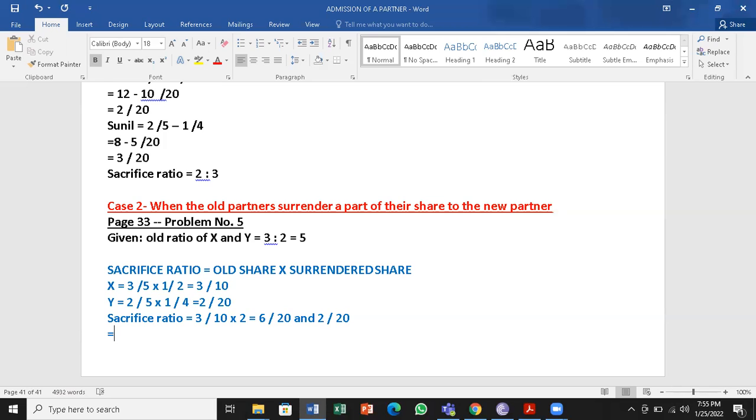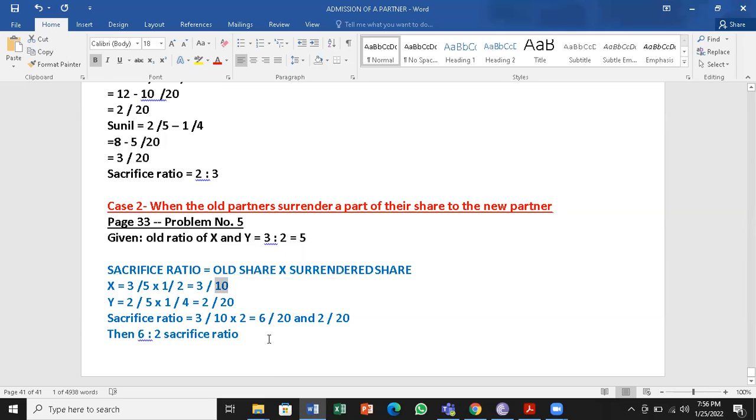Sir, I have a doubt. Can't we simplify 2 divided by 20 to 1 by 10? How 1 by 10? See, the lower denominator should be converted into the higher denominator. 10 should become 20, which means multiplied by 2.